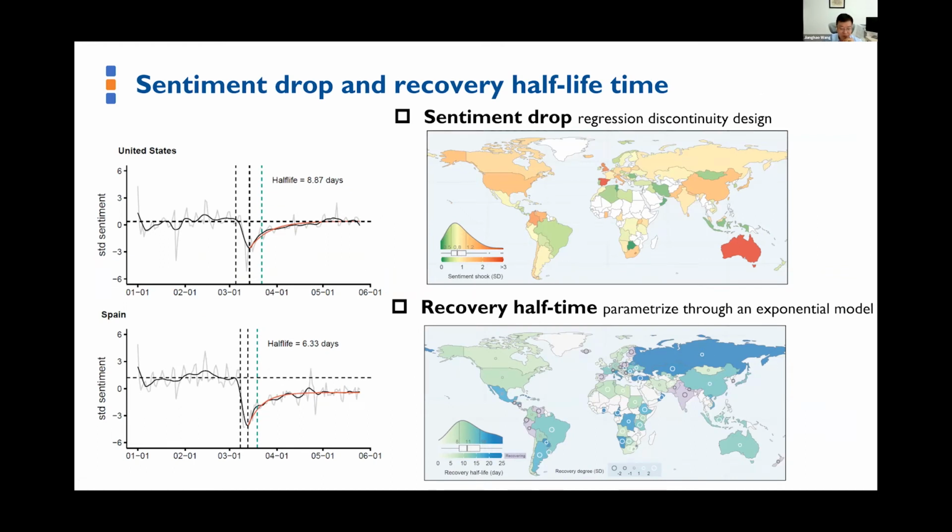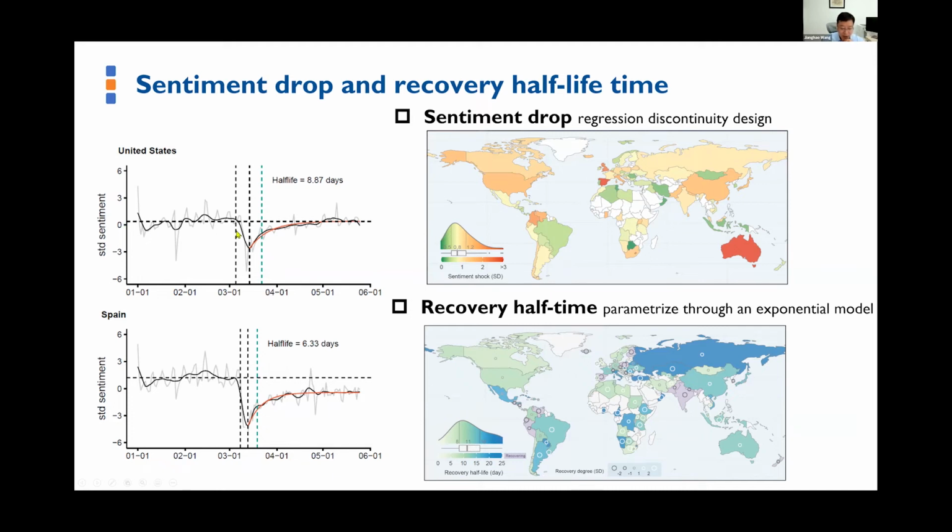changes over time. To measure the pattern or the duration of the sentiment impact created by COVID-19, we developed two global indexes, sentiment drop and sentiment recovery half-life. We first define the sentiment drop.